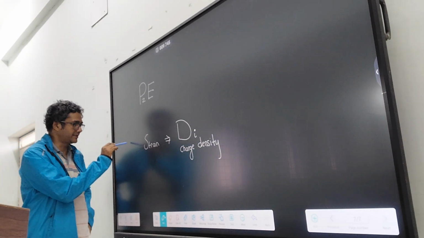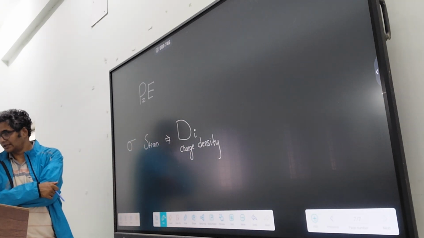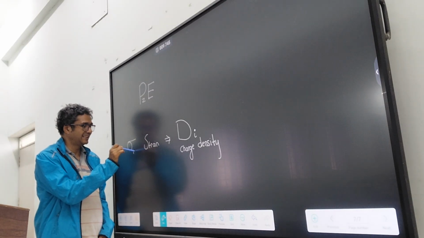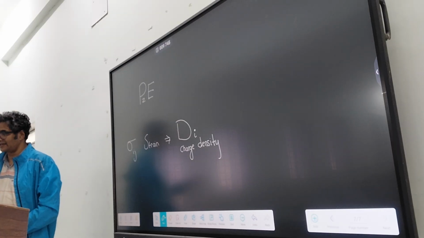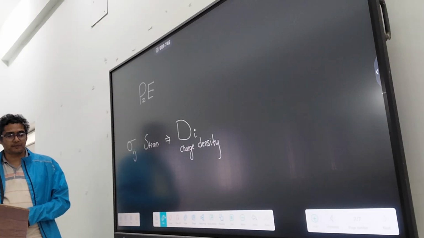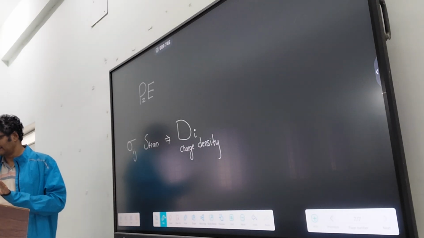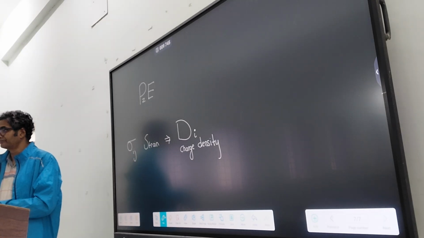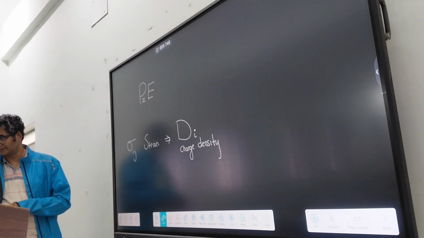Stress develops strain, and stress also develops charge. On application of force on a particular area, I see that charge develops in the material. So this is a property which is called charge density.